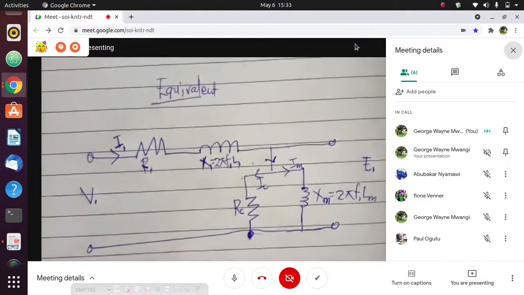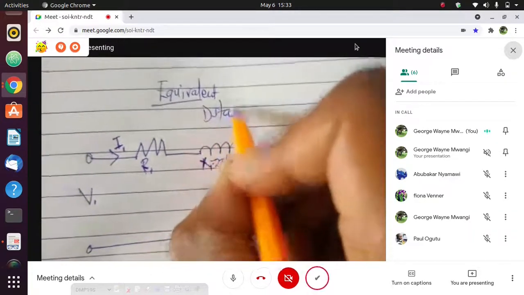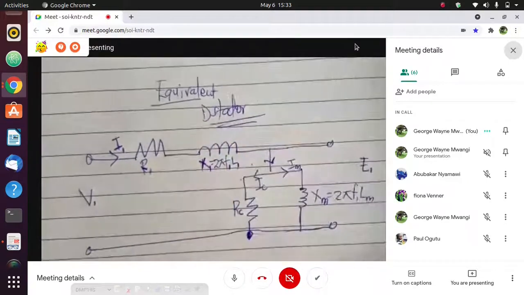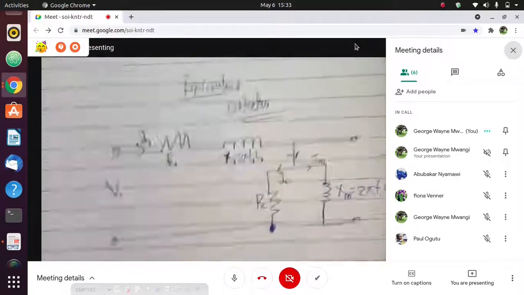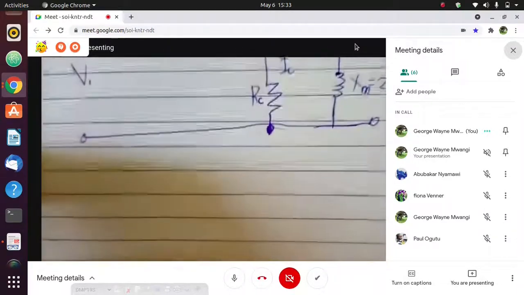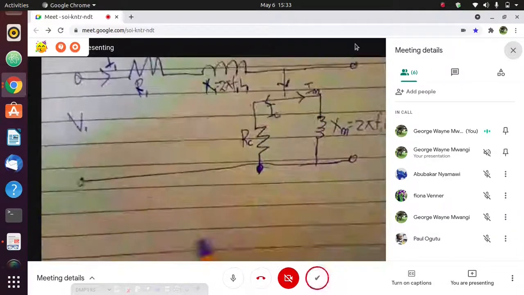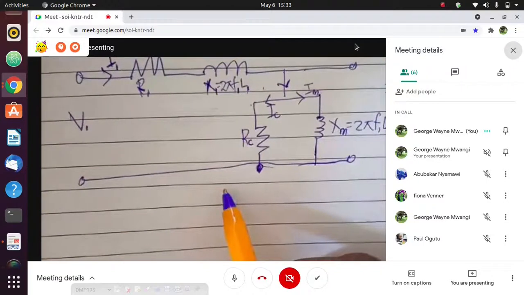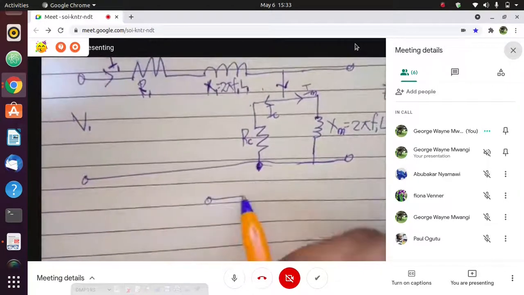Now this is the stator. Let me differentiate between the stator and the rotor. We have the stator, and then we have a rotor circuit.